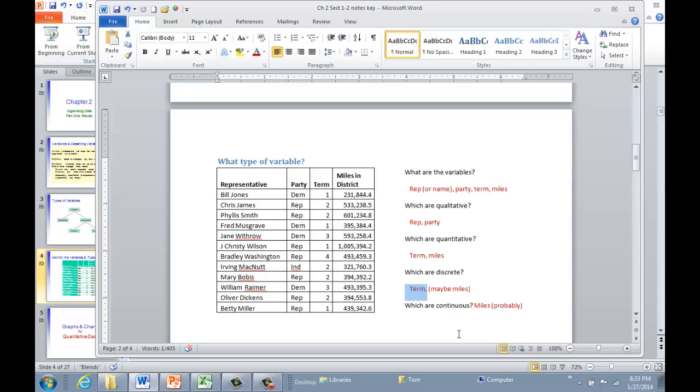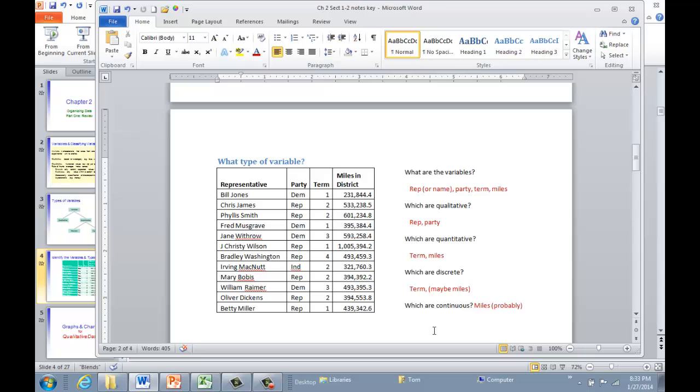The term is definitely discrete. Bill Jones is in his first term, Chris James is in his second term. It would not make any sense to say that Phyllis Smith was in her 1.3 term. That could be 1, 2, 3, etc. Non-integer values would not make any sense there. Now, what about miles?